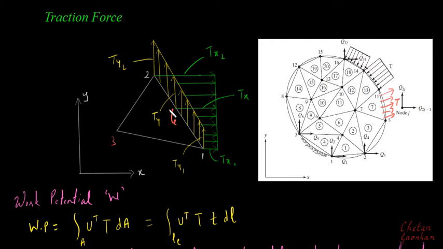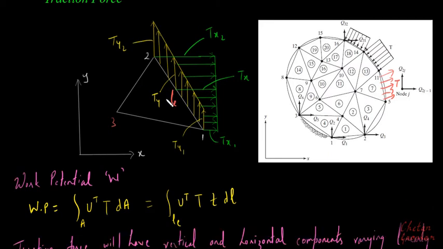Fine. Now we know that the work potential expression is nothing but force multiplied by the corresponding displacement. This is the definition of work potential as we have been looking at all the time. Here the forces are the surface forces, and since these surface forces happen to be applied at the boundaries, we also call them traction.